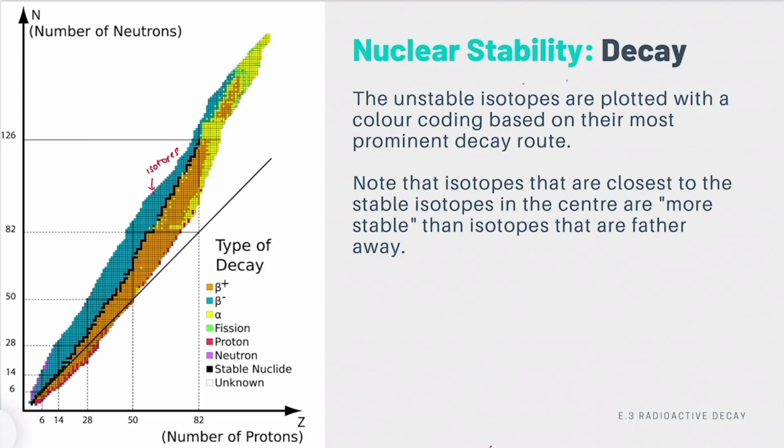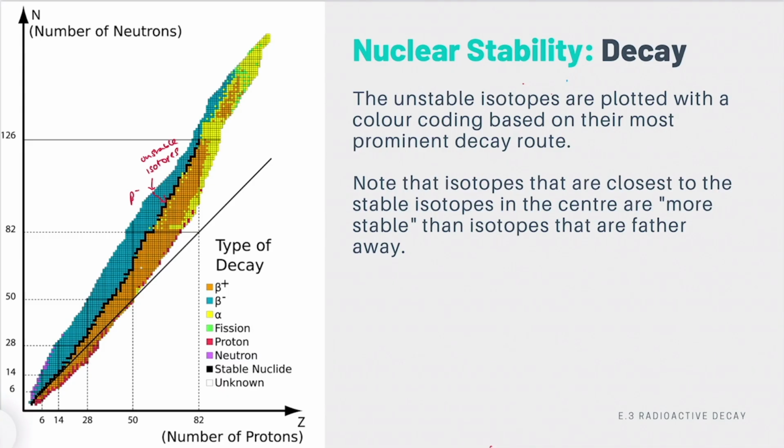Isotopes within this blue region need to become more stable because they're unstable. To become more stable, they decay by radioactive emission, and the radioactive emission they decay by is beta minus. You'll understand what beta minus decay is in the next section of this tutorial.